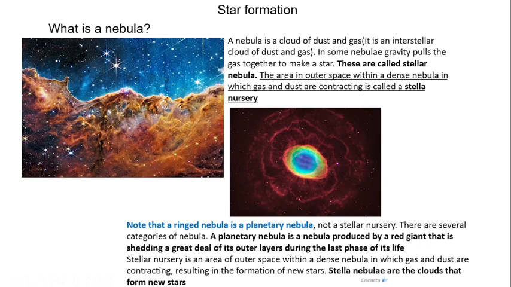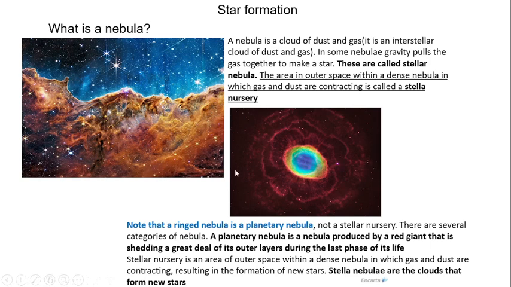This implies that before a star can be formed, gravity needs to pull the nebula together, to collapse it, to be able to form a star. The particular nebulae that form stars are called stellar nebulae. The region where this dense nebula comes together, contracting, is what we call the stellar nursery.